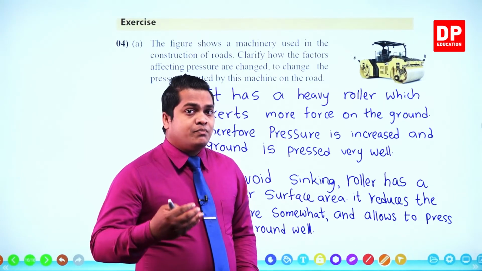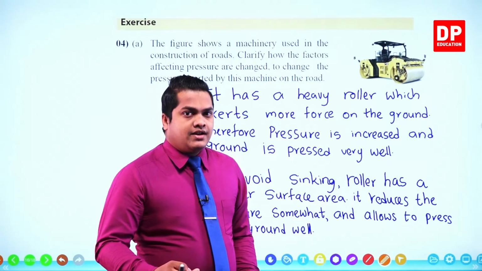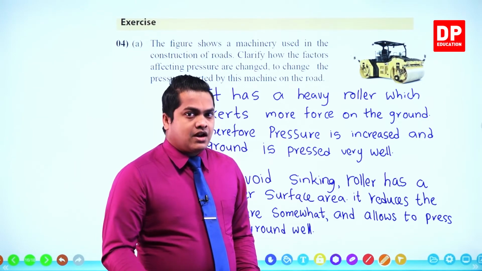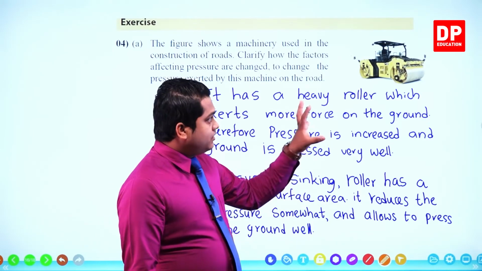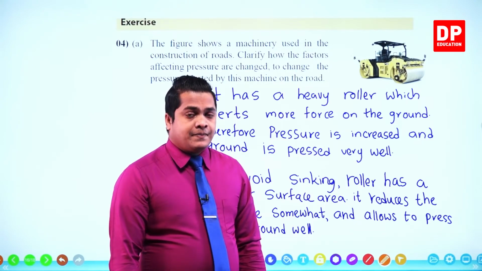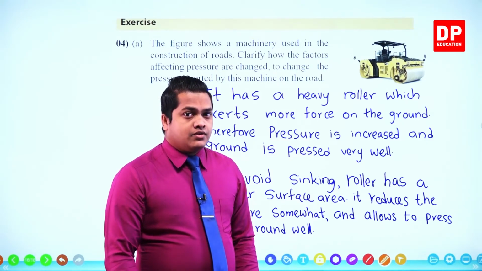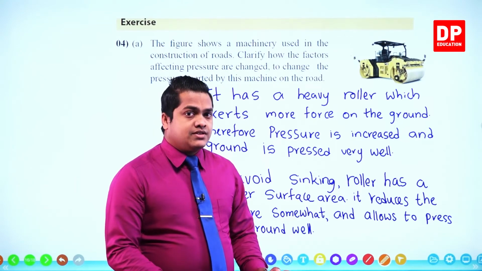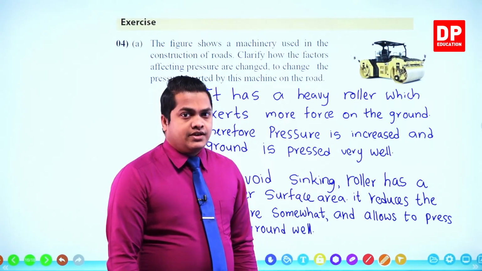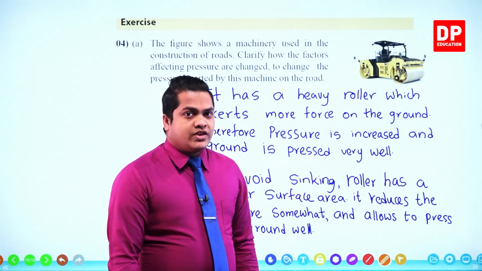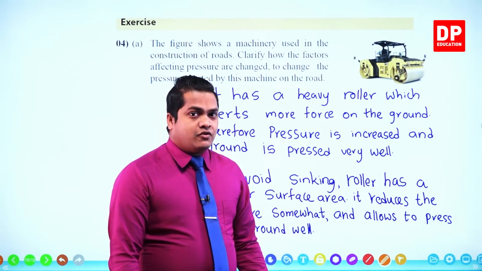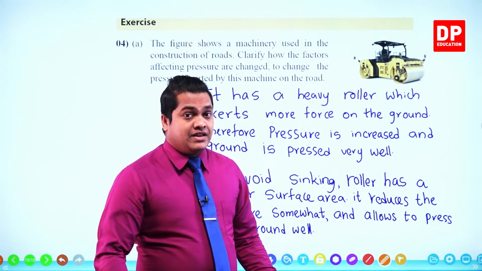So it helps to press the ground by the machine without sinking. To avoid the sinking process, surface area has been increased. By using the force, pressure has been increased.